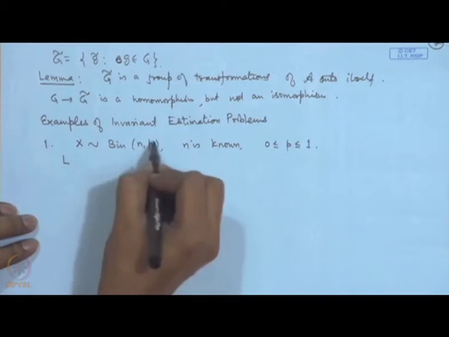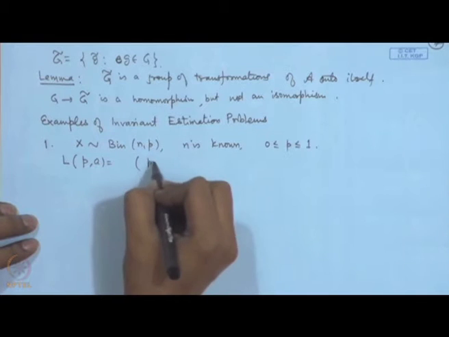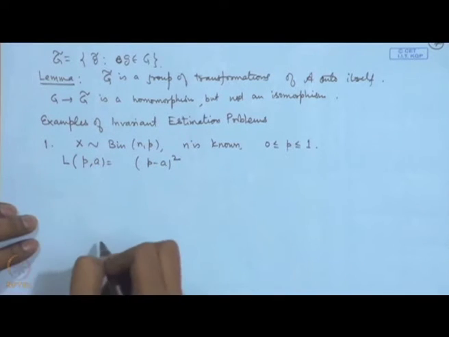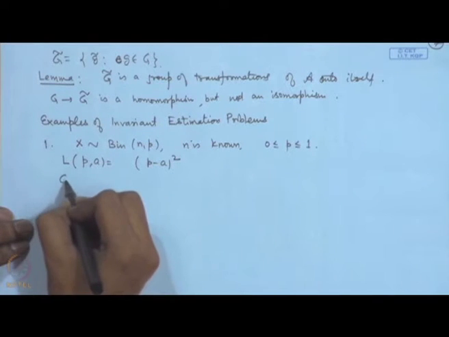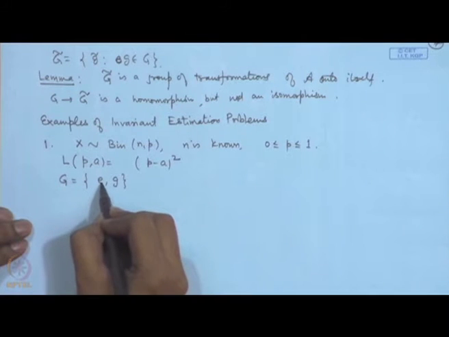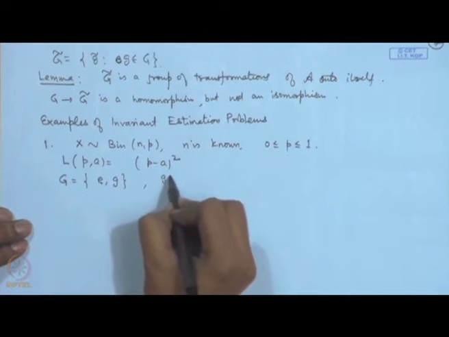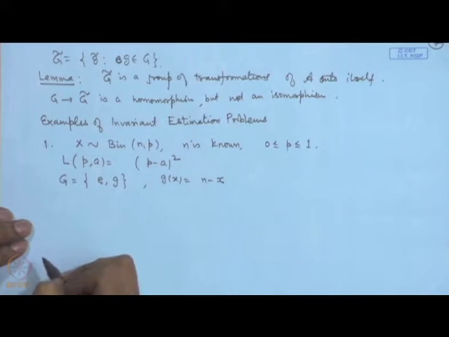Let us consider the problem of estimating p under the loss function, say p minus a square. So, this is a squared error loss function. Let us consider the group consisting of two elements, where E is the identity element and g is an element which takes x to n minus x here.